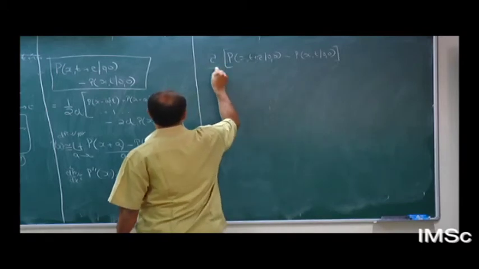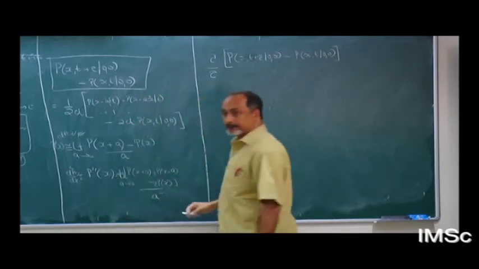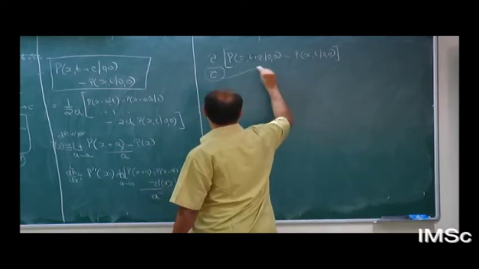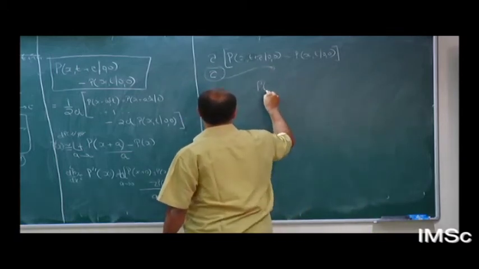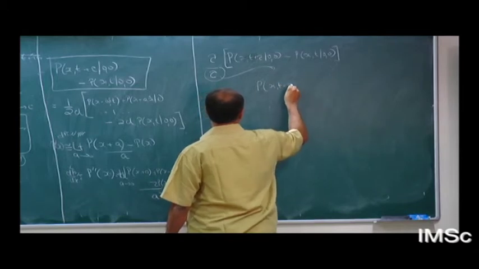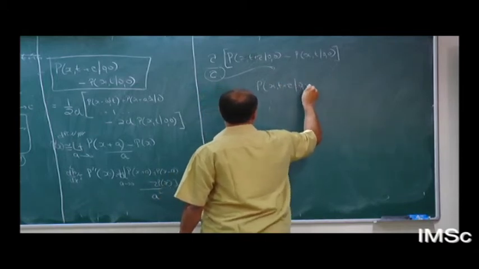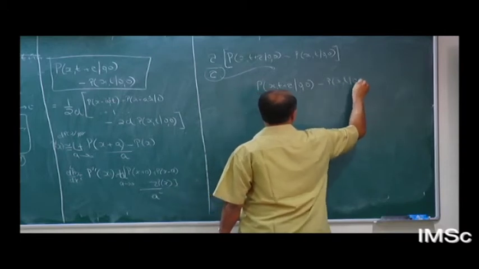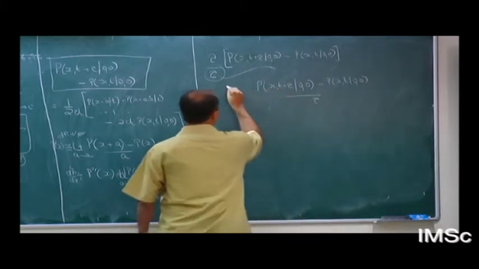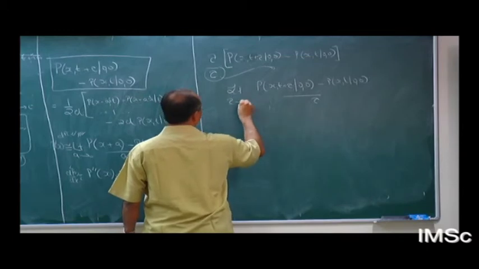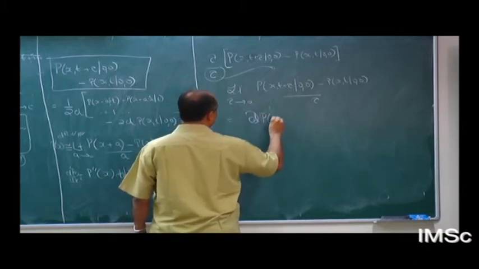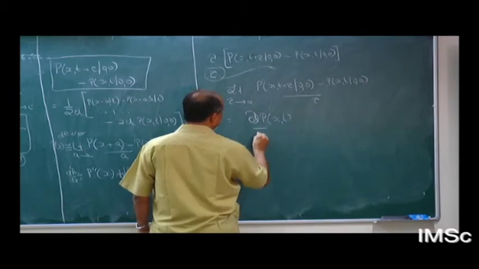So multiply by tau, divide by tau here. And then take this tau inside here and then write p of x comma t plus tau given 0 comma 0 minus p of x comma t given 0 comma 0 divided by tau, limit tau becoming very small. This is actually delta p of x comma t by delta t.